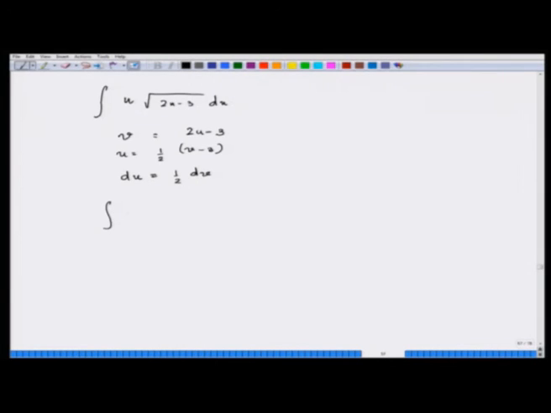So, this integral will now become the integral of half of (v plus 3) times v to the power half times half dv. Now it is very simple, because you know that the integral of f plus g dx is the same as the addition of the integrals, integrating the sum of two functions.